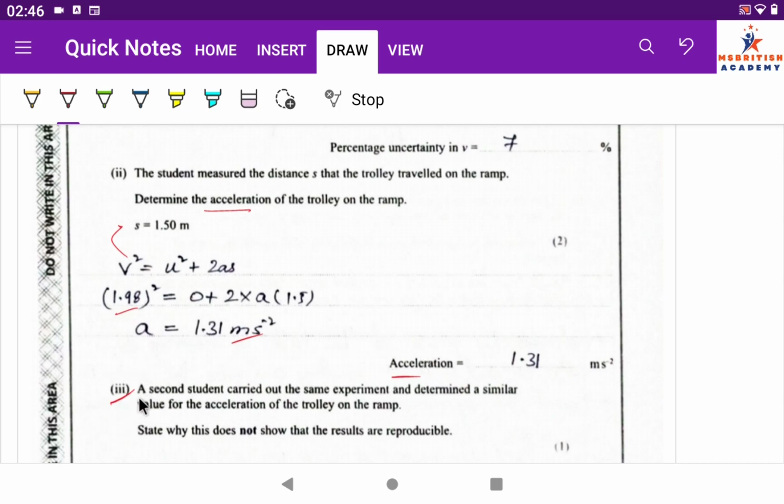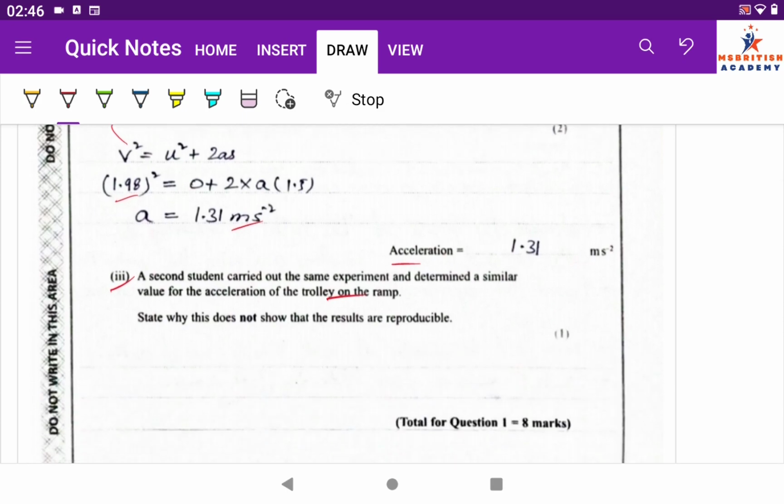Now the third part. A second student carried out the same experiment and determined a similar value for the acceleration of the trolley on the ramp. State why this does not show that the results are reproducible. Because we don't change the apparatus, the values will come out similar.